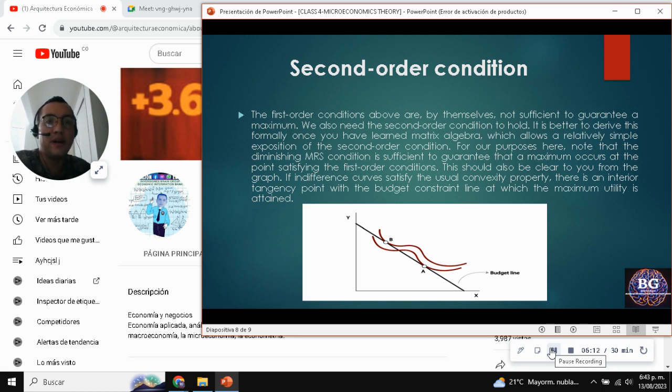For our purposes here, note that the diminishing marginal rate of substitution condition is sufficient to guarantee a maximum at the points satisfying the first order condition. This should also be clear to you from the graph. If indifference curves satisfy the usual convexity property, there is an interior tangency point with the budget constraint line at which the maximum utility is attained.